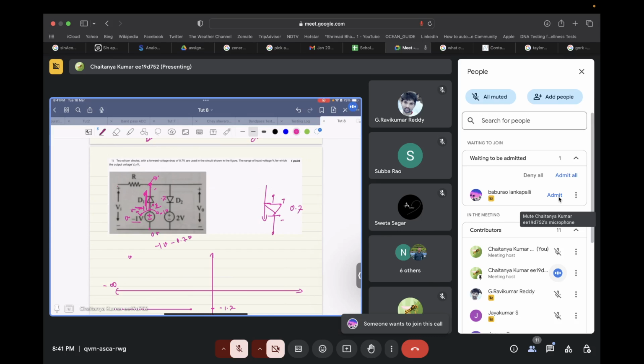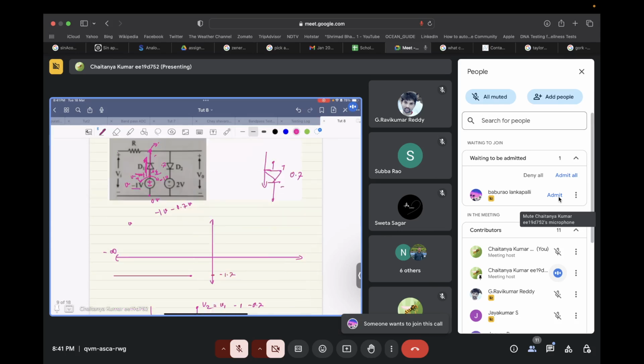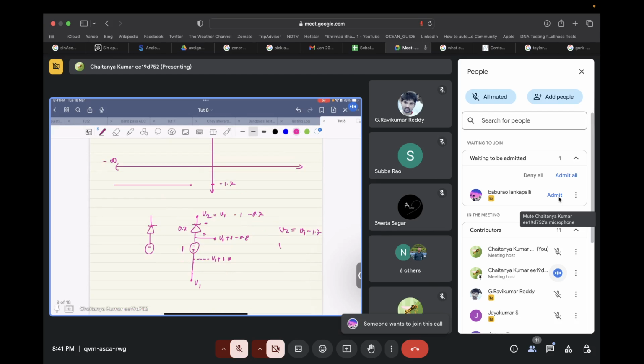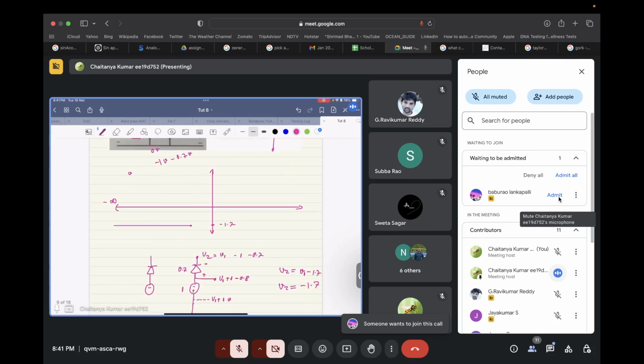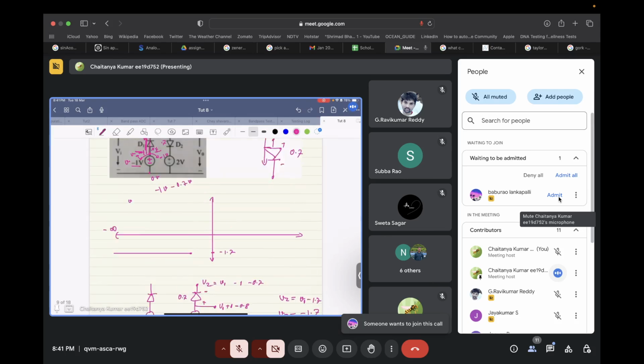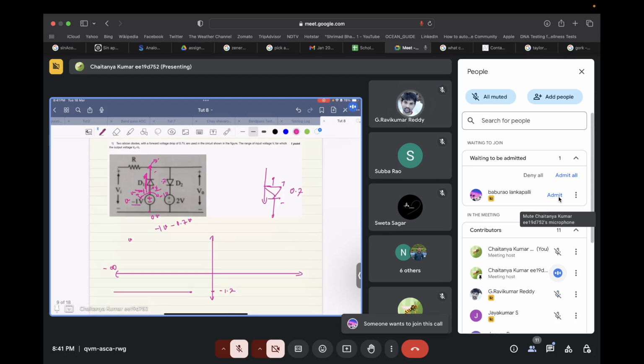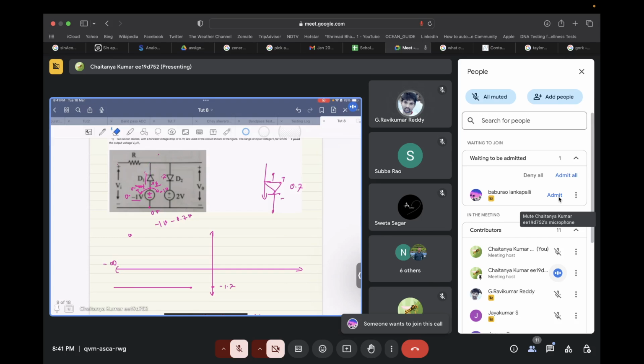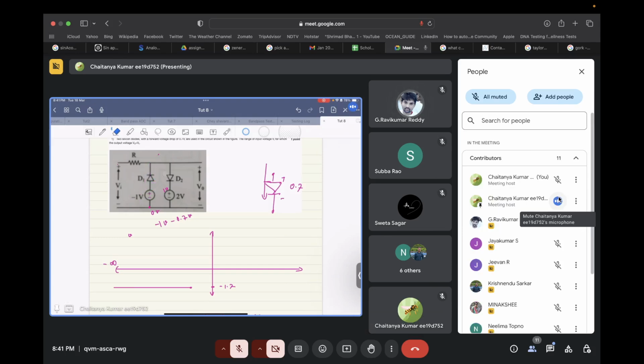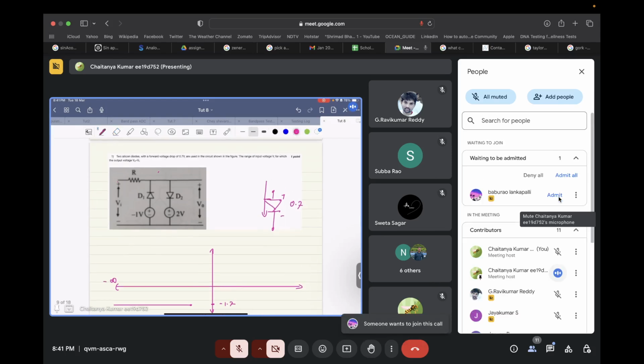So V2 is equal to minus 1.7. Are you able to follow? Yes. Do you have any other doubt in this? Okay, we shall move forward then.